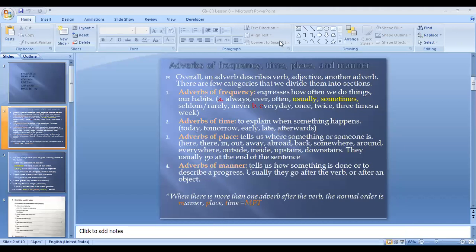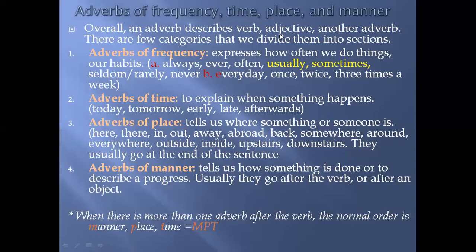Okay. Again, as I said, adverbs, like adjectives, have their own places. And when you use more than one adjective, they have their own order. What goes first, second, and third. Same thing when you use adverbs. Also, it has a place.